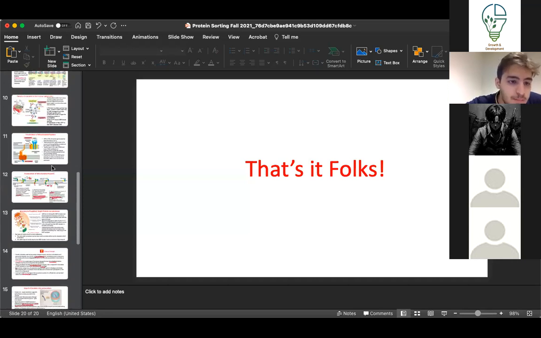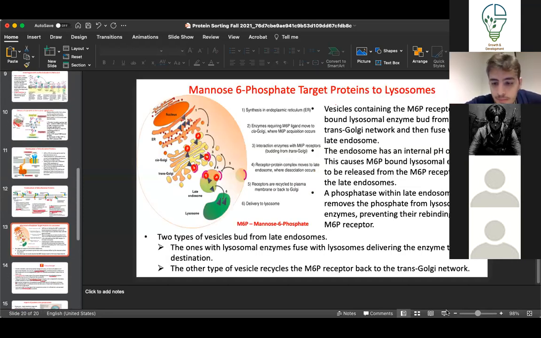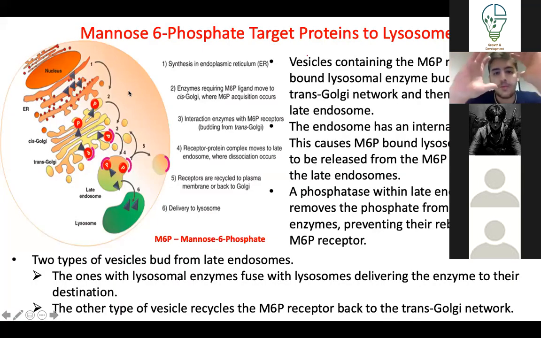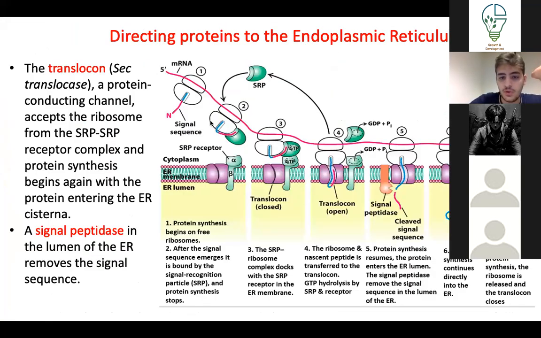Mannose 6-phosphate pathway. It's a very simple pathway. You have a polypeptide. We talked about how a polypeptide enters the rough endoplasmic reticulum, so you're done with this, okay? We have the polypeptide in the rough endoplasmic reticulum. What's next?